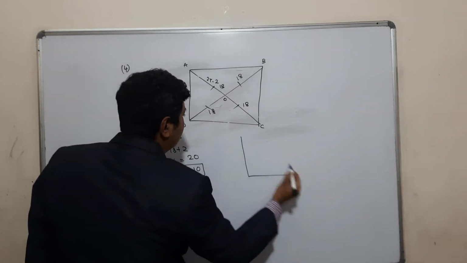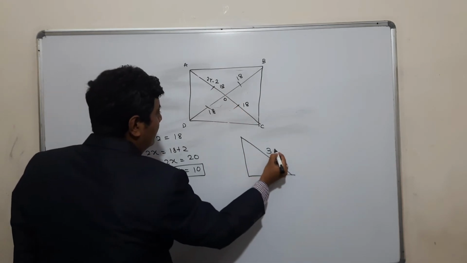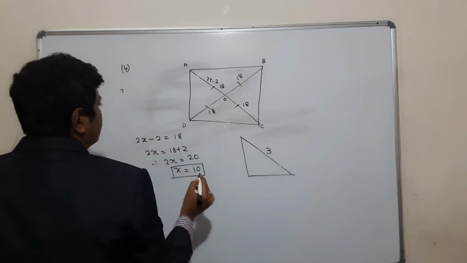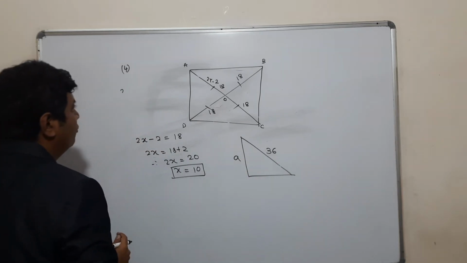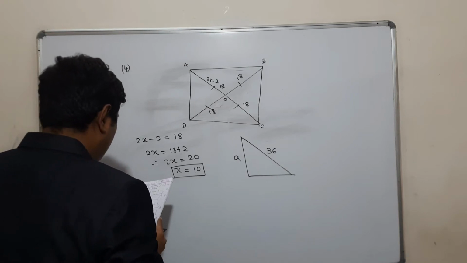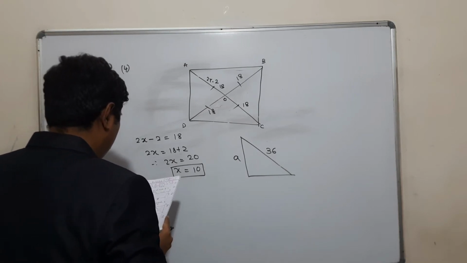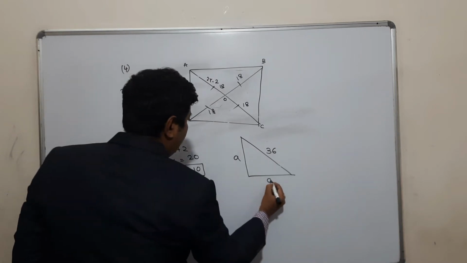Now if I consider this right angle triangle, this part is 18 plus 18, that is 36. And this side is a. Sorry, x is equal to 10. And this is also a.